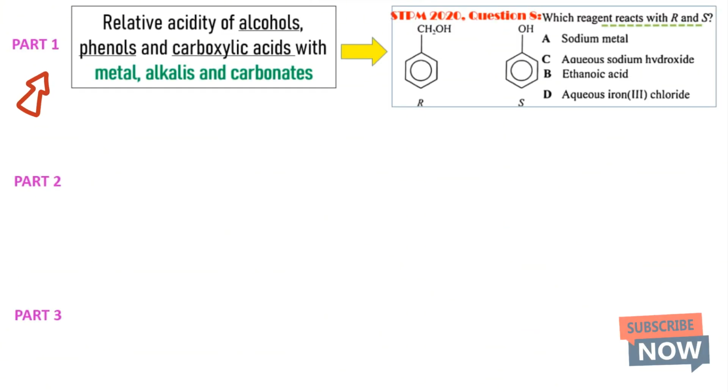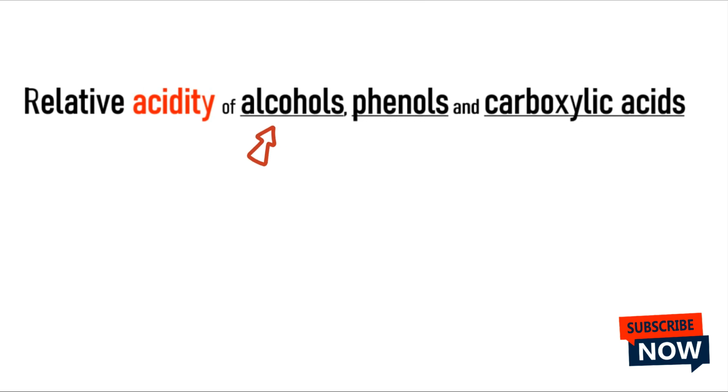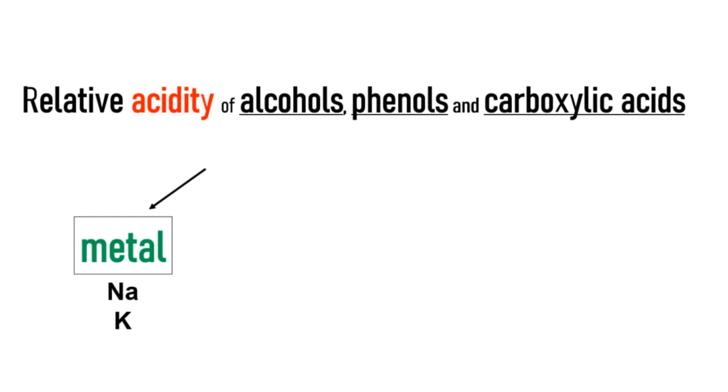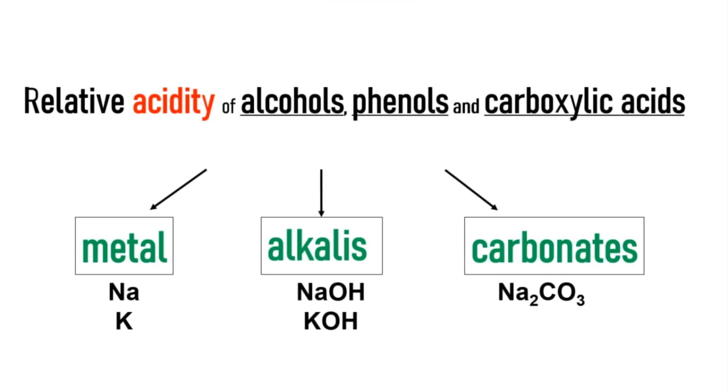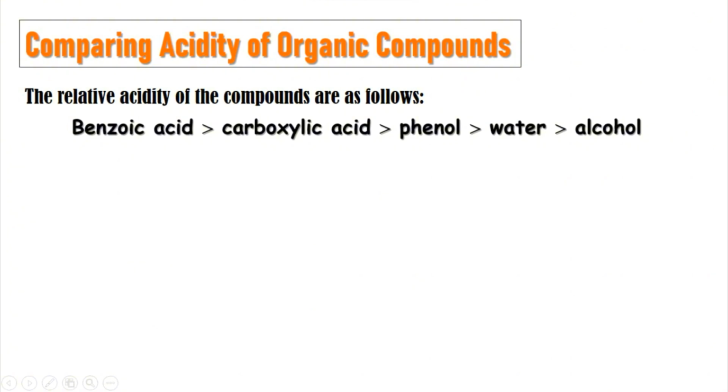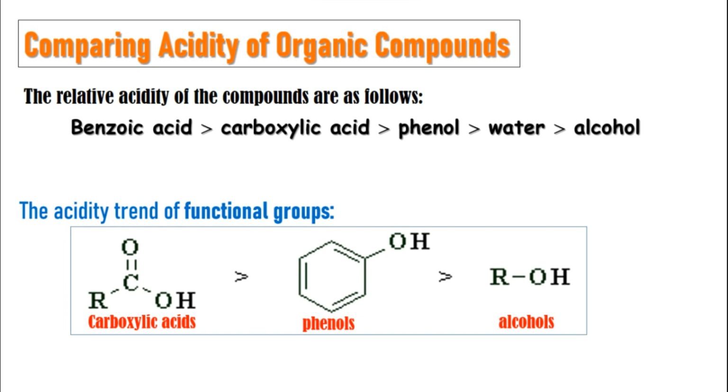Now, let's look at part 1, reactive acidity of alcohol, phenol, and carboxylic acid with metal, alkalis, and carbonate. In this video, we only focus on the reactive acidity of carboxylic acid, phenol, and alcohol.